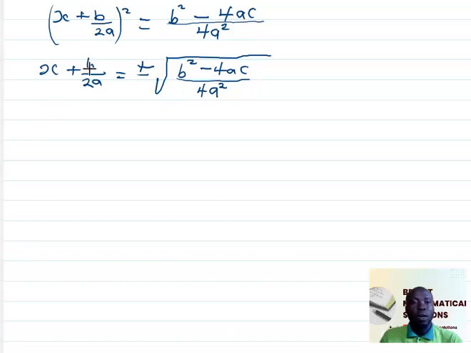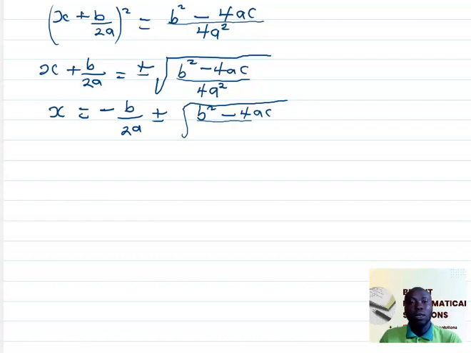So from here we can take this to the other side, such that x, we are solving for x, equals minus b all over 2a plus or minus the square root of b raised to the power 2 minus 4ac all over 4a squared.